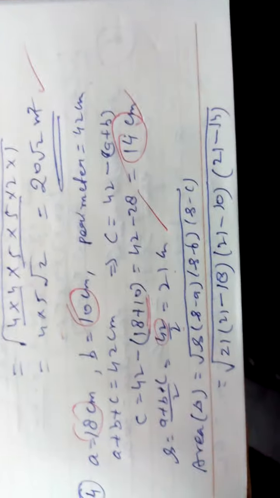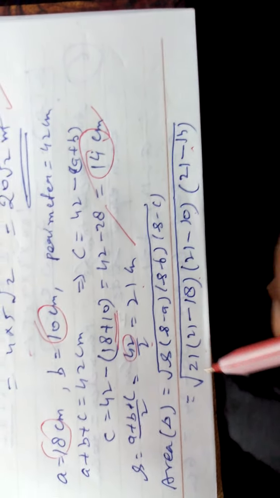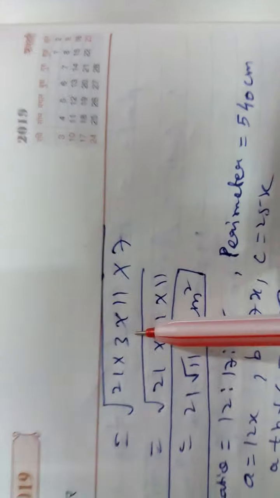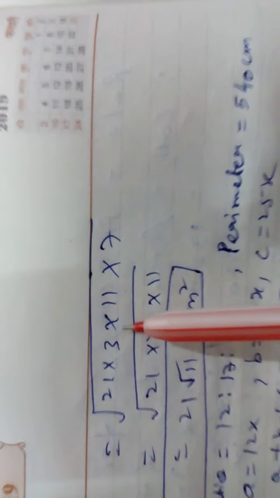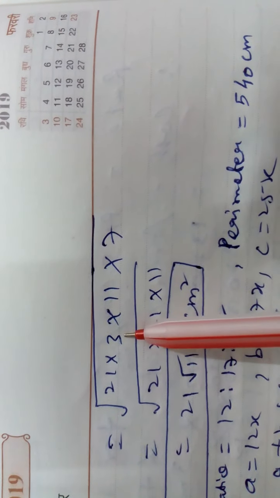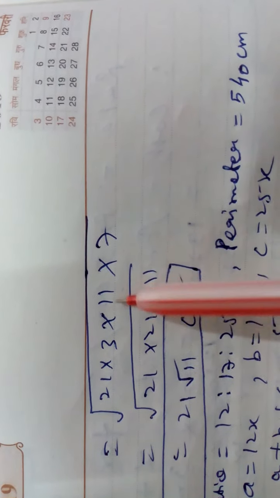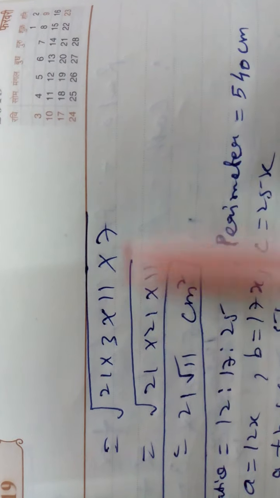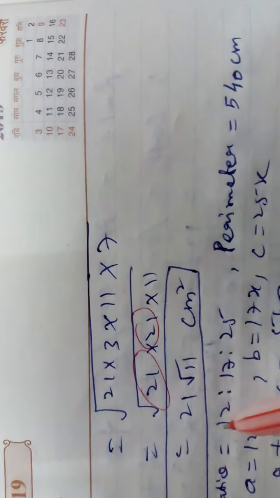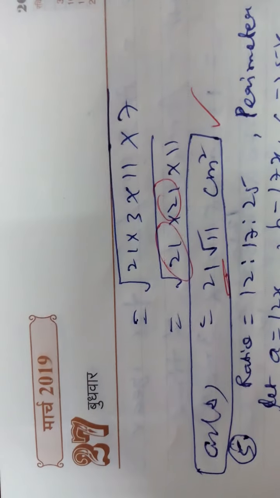Semi-perimeter is the sum by 2, 21. 21 minus 18, 21 minus 10, 21 minus 14, and 21, under root. So 21 into 3 into 11 into 7. 21, 3, 21, 7, 3 is 21. Multiplying here, 21 outside, and you are getting the area.